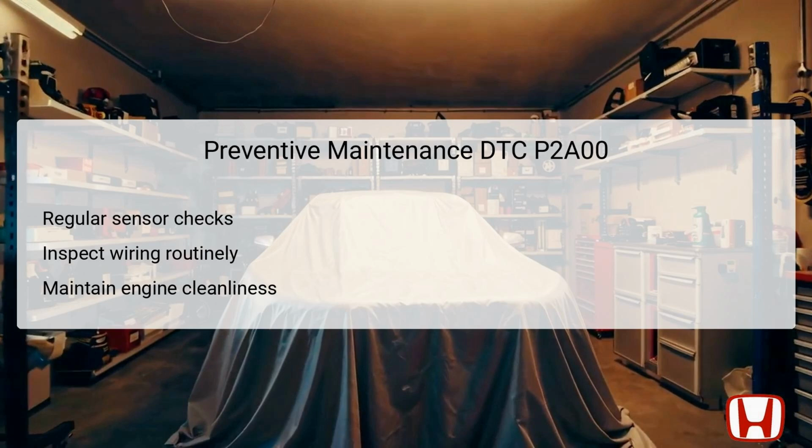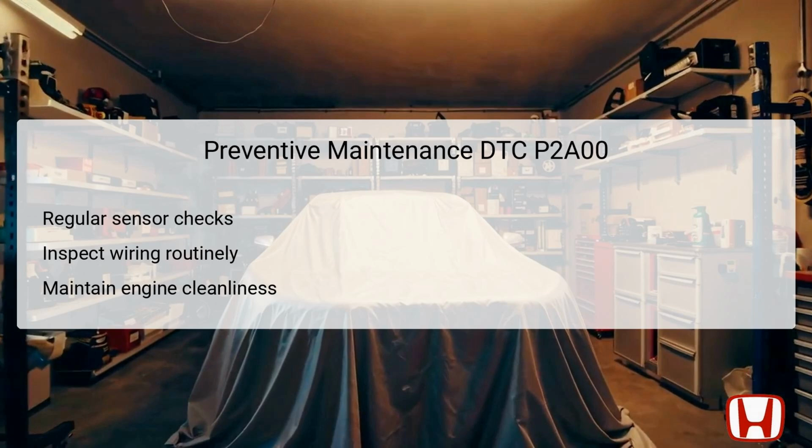Preventive maintenance is essential for keeping the AF sensor functioning correctly and avoiding the emergence of DTC P2A00 in the future. Regularly checking the AF sensor during scheduled maintenance can help detect issues early, allowing for timely replacements or repairs. Additionally, routine inspection of the wiring connected to the sensor will help identify any wear or damage that could disrupt its operation.